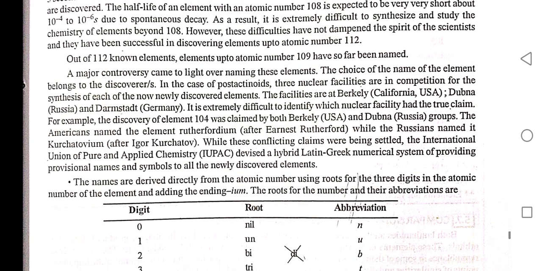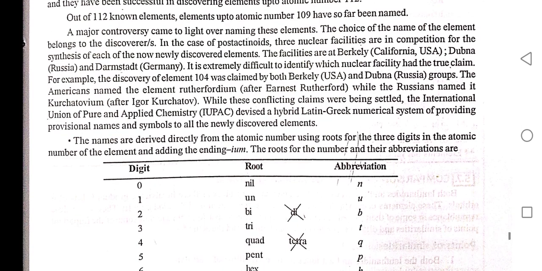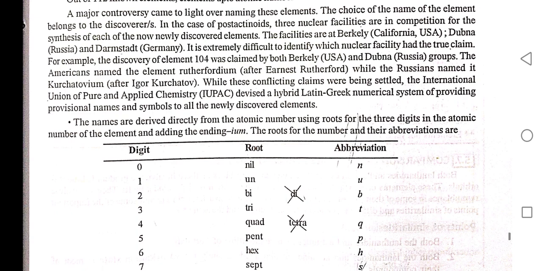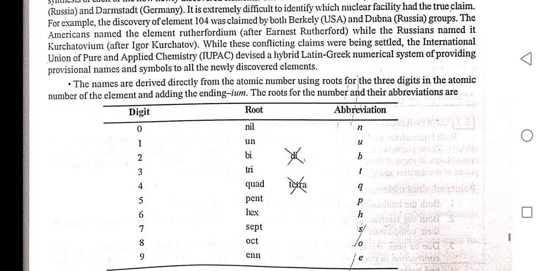While these conflicting claims were being settled, the International Union of Pure and Applied Chemistry devised a hybrid Latin-Greek numerical system of providing a provisional name and symbol to all the newly discovered elements. The name is derived directly from the atomic number using roots for the digits in the atomic number of the element and adding the ending IUM.